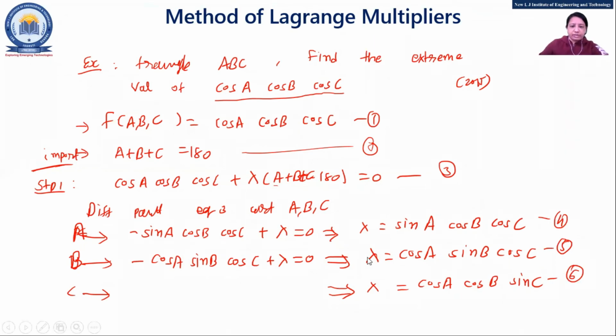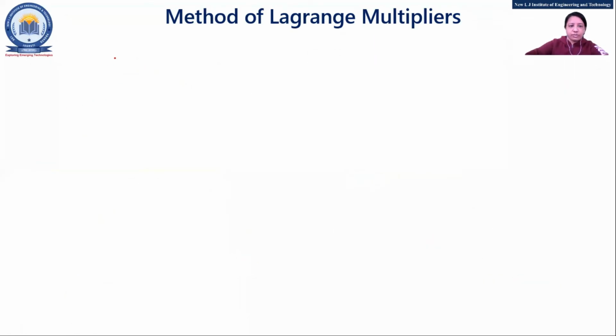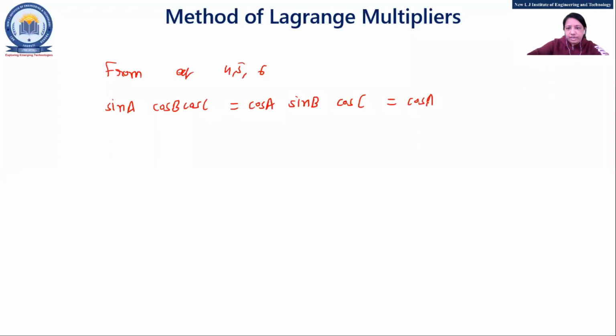So all are lambda. From equations 4, 5 and 6, what can we write? Sin A cos B cos C equal to cos A sin B cos C equal to cos A cos B sin C. Now what will we do?